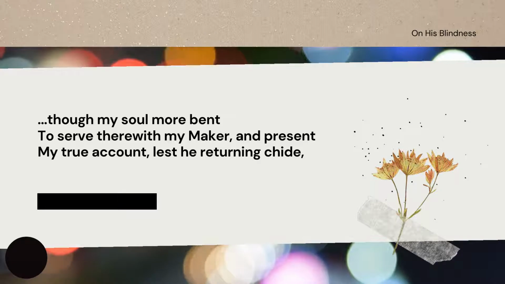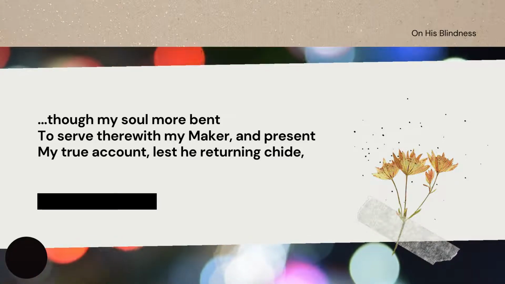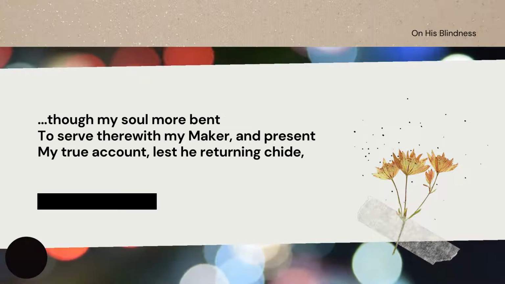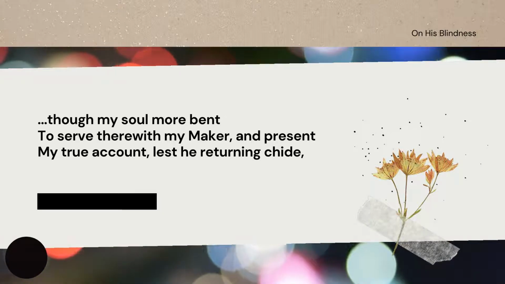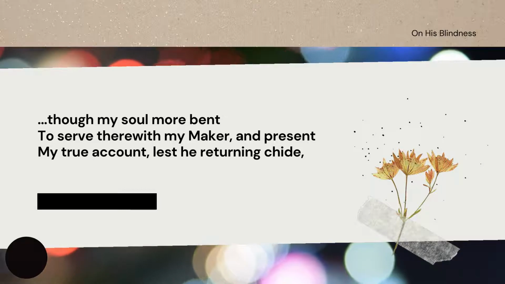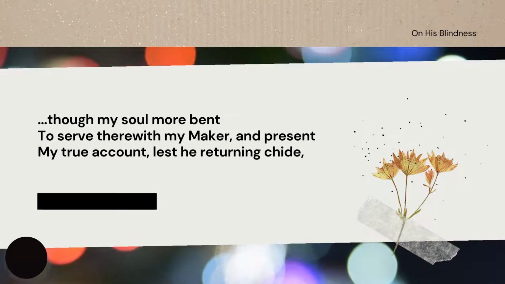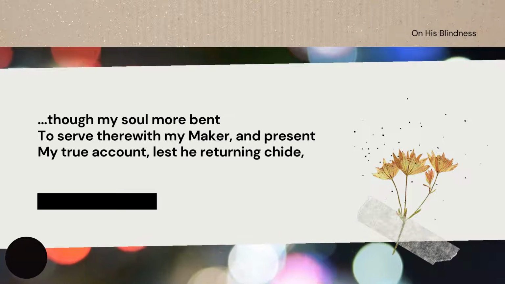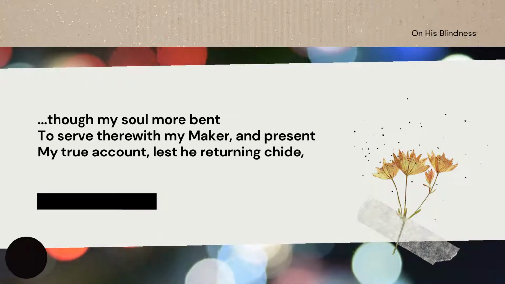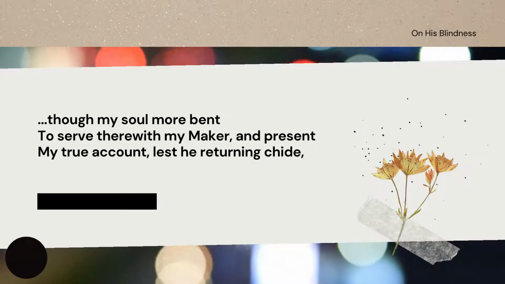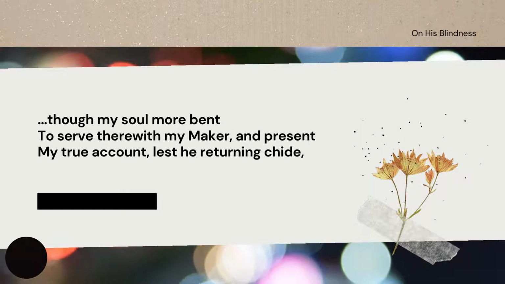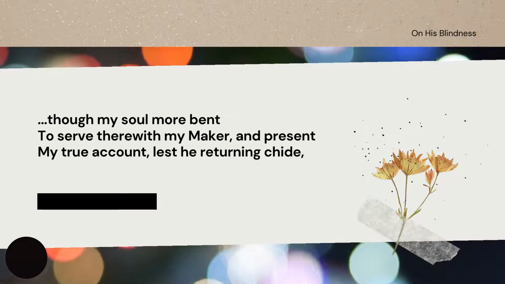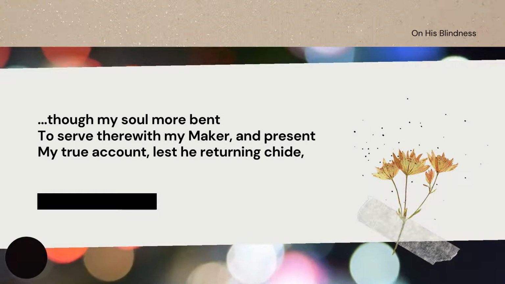Just like in the story the master returns and becomes disappointed with the servant who has done nothing with the money the master had given, likewise, when God himself comes and asks Milton what he has done for him with his talent, he is scared to give the same answer as the servant had given the master. So since God has true accounts of all, he is afraid that God would chide or scold him for doing nothing.